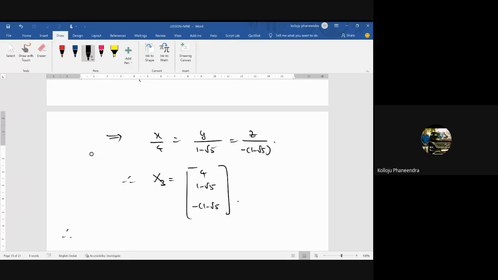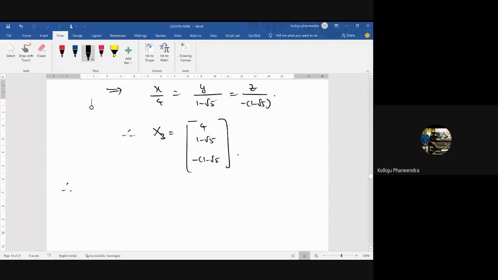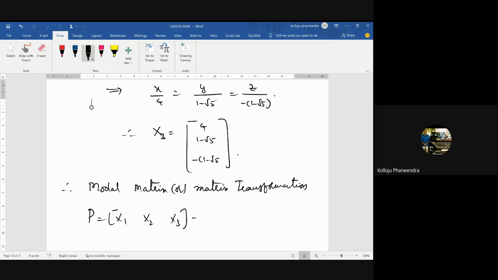Right? Therefore the modal matrix, or matrix transformation, P equal to, I have to group these three eigenvectors. The third eigenvector is 4, 1 minus root 5, root 5 minus 1.